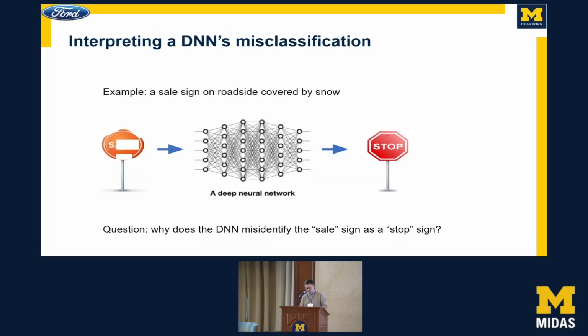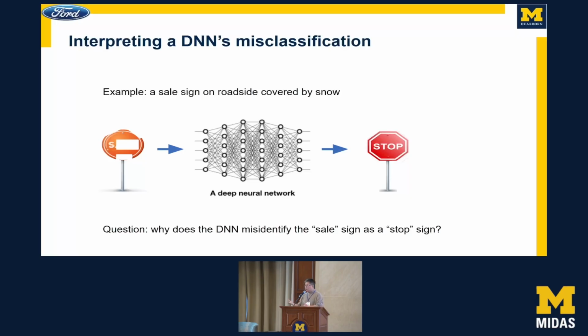I want to give you one example to explain the concept of what we are doing. We call it counterfactual explanation. On the left-hand side, the deep learning neural network sees a sale sign that a retailer put on the roadside to say they have something special to sell.